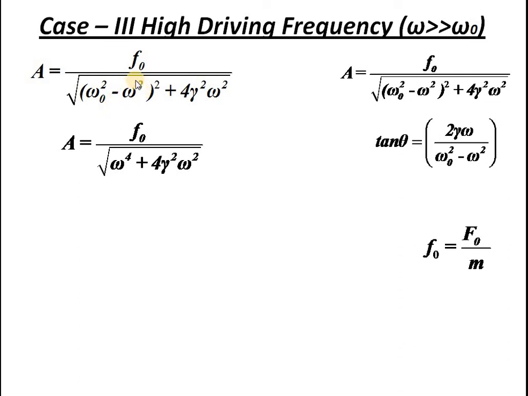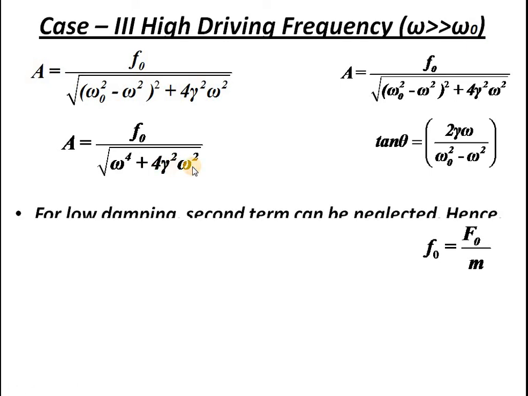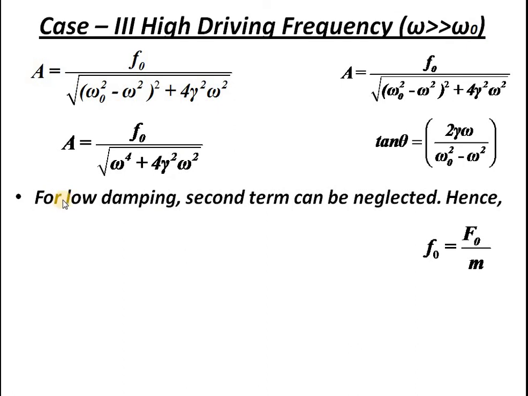So the first term in the denominator becomes simply omega raised to 4, and the second term will be 4 omega square gamma square. For low damping you have the physics here. The second term can be neglected. Why? Damping is low and the frequency is very high, only then you can write this. Otherwise, this is the real equation.